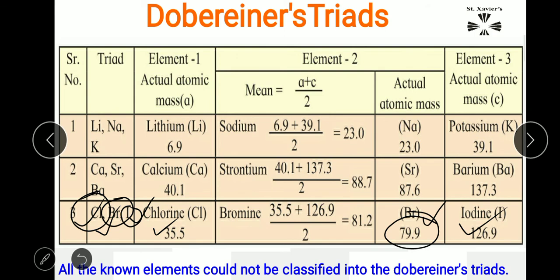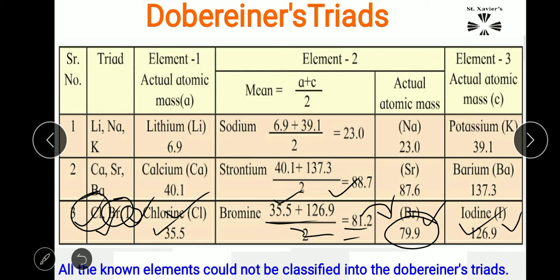We add 35.5 and 126.9 and divide by 2. We get 81.2 here. This is again approximately the same as 79.9. Since the approximate value is the same, this is again called a Dobereiner triad.